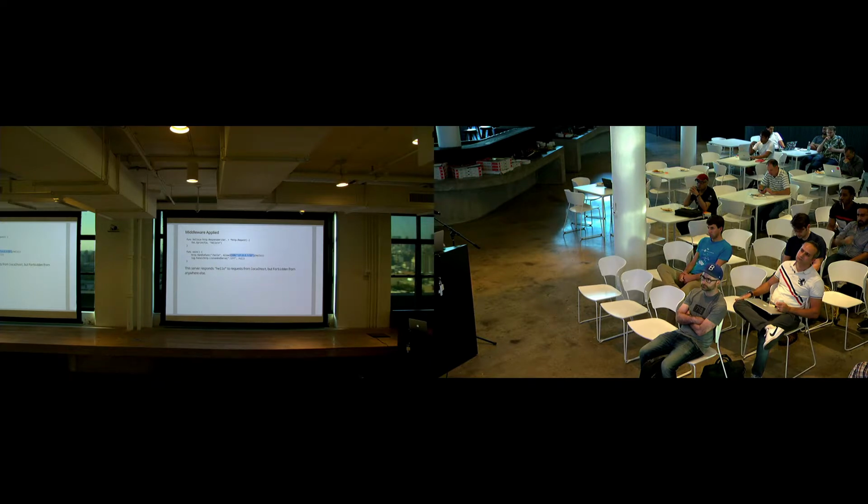In this case, localhost. And the middleware that we've created here is set up to allow anything that passes that filter. And we're in turn applying that middleware to a simple handler that just prints hello.